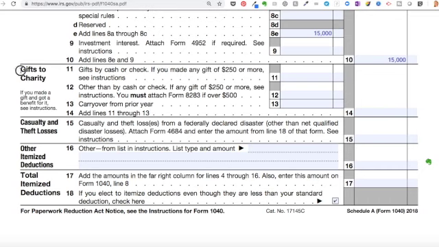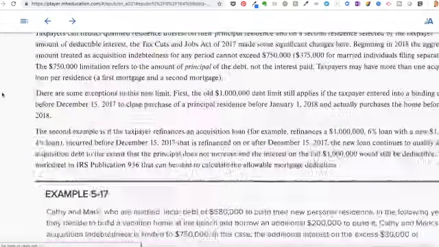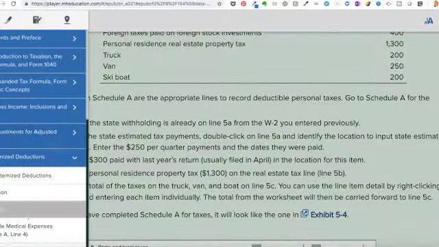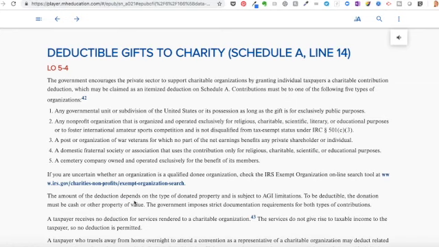Okay, our next section here, gifts to charity. If you paid a qualified organization, the organization has to be qualified. You can't just decide to give money to something that is considered charitable. And you can click this link here. This is an IRS website.